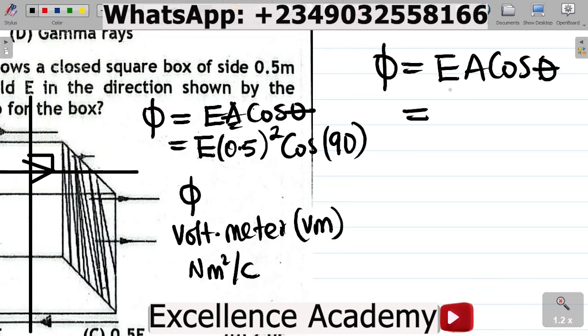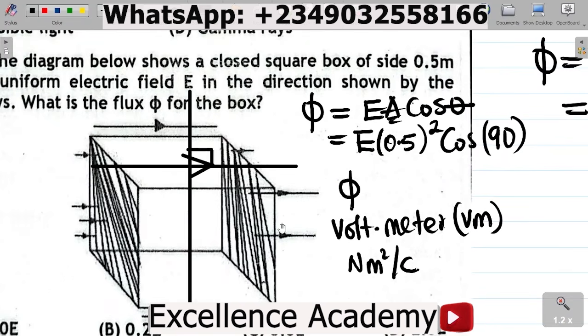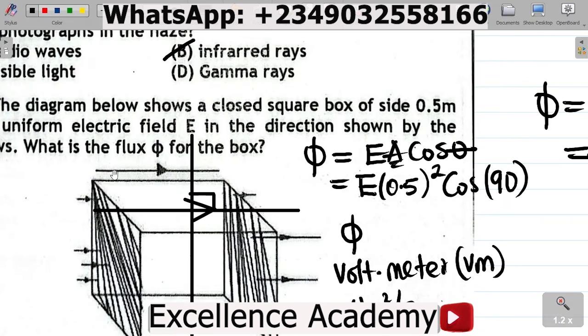The value of E is not given, so we'll take it as E. A is area: one side is 0.5 and it's a square, so area is 0.5 times 0.5, that's 0.5 squared. Then cosine of the angle. Looking at this, if I place my vertical line, this field is flowing this way, which is 90 degrees.